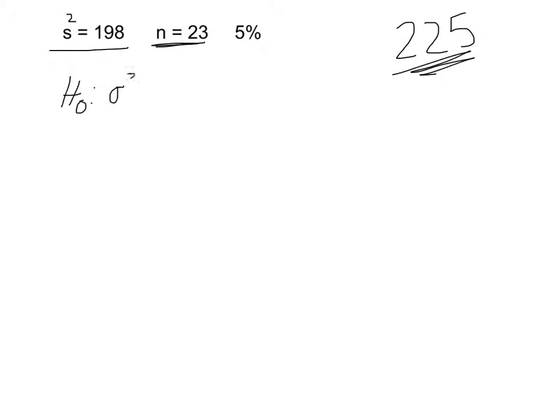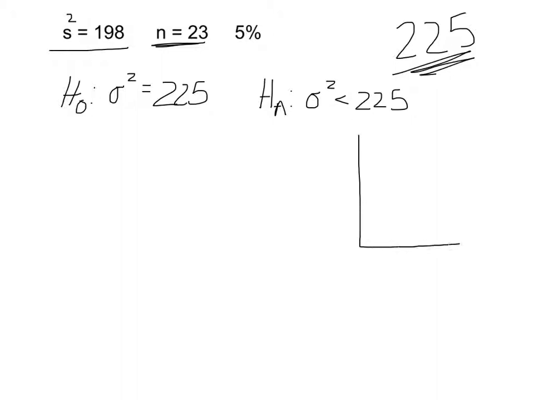My null hypothesis, remember, is always going to be my equal sign. And the question is, what's my alternative? In this case, she believes that it's less than. So she believes that the variance is less than 225, which means this is going to be a one-sided left-hand test, because anything to the far left-hand side will support this idea.